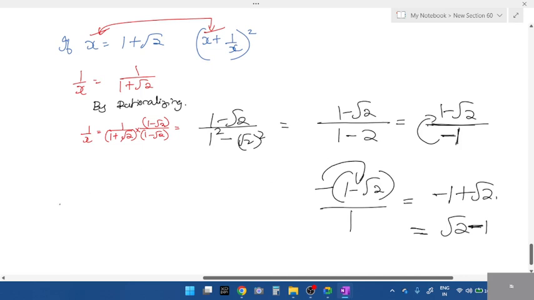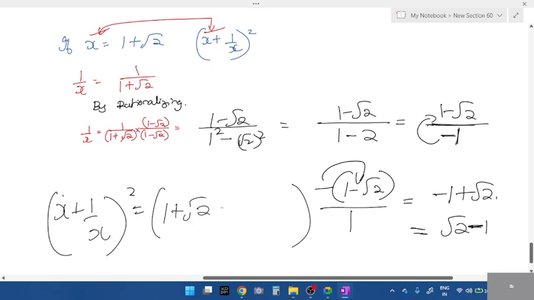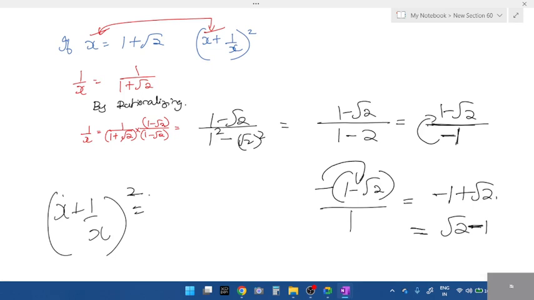Now substitute. Take the main question, x plus 1 by x the whole square, and substitute both the values and solve it. 1 plus root 2 plus root 2 minus 1 the whole square. First complete this part. I'll do the other one next. And make sure the denominator shouldn't have minus. Shift it to the numerator. Write it in bracket, so that the entire value will change.